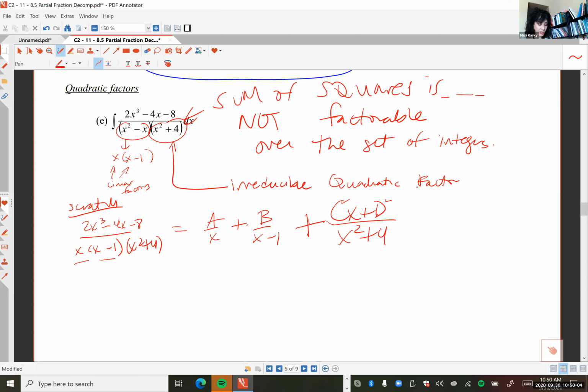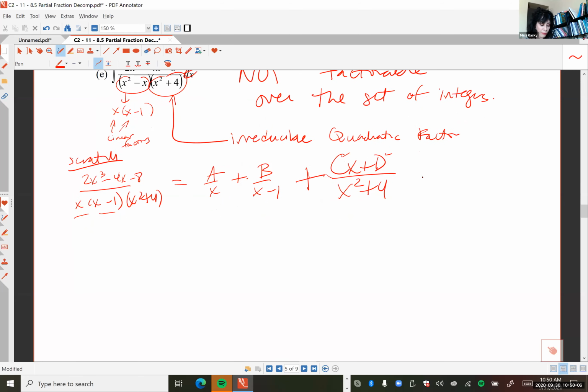Now, let's start first by multiplying both sides by the LCD. So this is the LCD of this entire equation. So multiply both sides by this if you want to skip that step. And what you're going to do after you do the cleanup is you'll end up with the left-hand side being just that numerator, because we're clearing fractions.